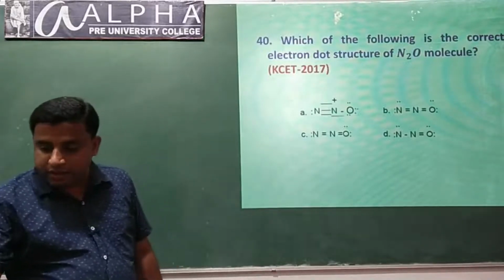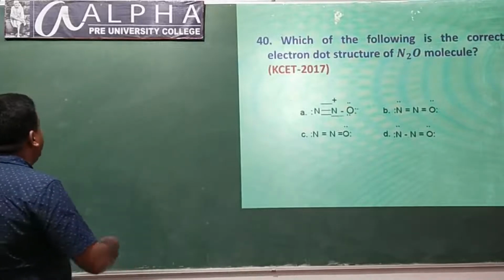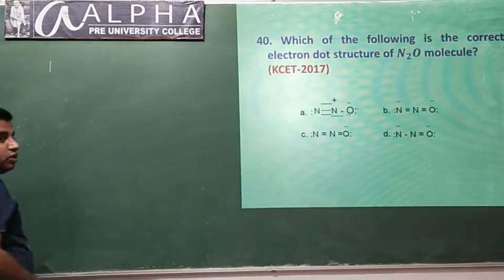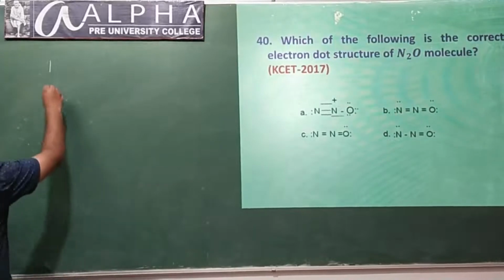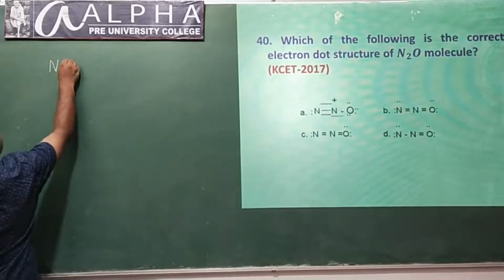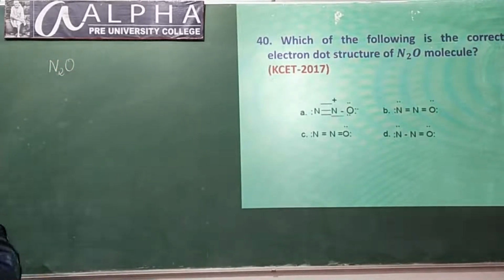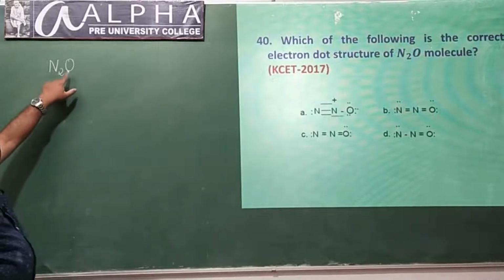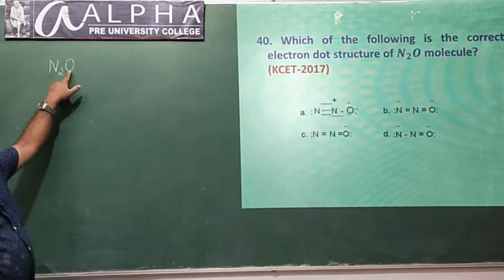So let me write the Lewis dot structure for N2O molecule. So students, here nitrogen is less electronegative than oxygen.